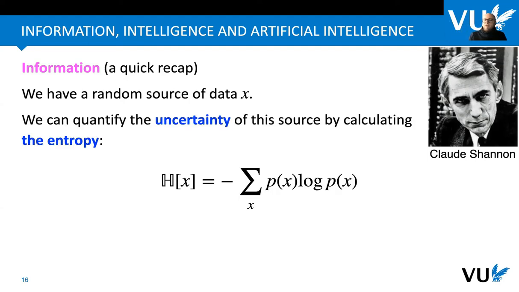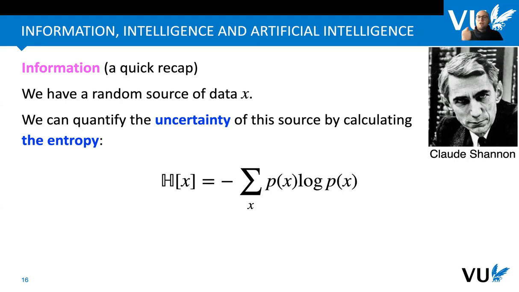The question that Claude Shannon, and of course others, Wheeler, etc., asked about information was, what about the uncertainty of this source, and how can we measure it? Instead of looking at maybe an extremely complicated data distribution, maybe we can provide one single number and this will tell us something. And this something is the entropy.